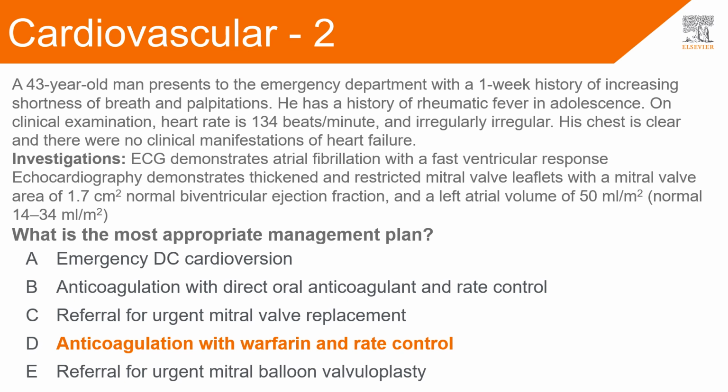And also, the second thing is warfarin is the recommended anticoagulant in this particular setting, to do with the valvular issues. Rate control is important as well for symptom management because we know this patient has clear symptoms of palpitations and shortness of breath. And also, it will prevent tachycardia-induced cardiomyopathy as well.